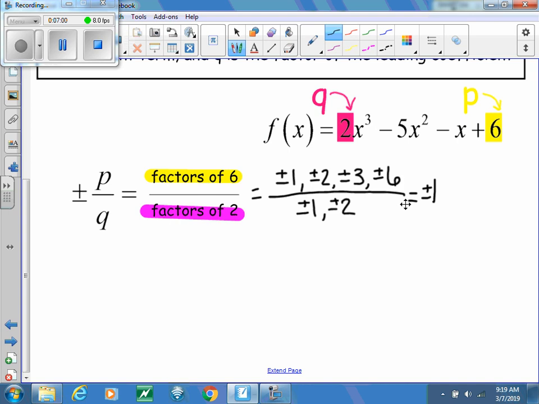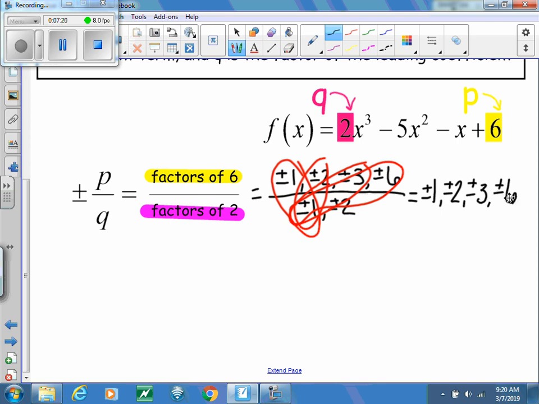I could do a positive 2 times a positive 3 or the -2. So we do have to consider all possibilities here. All right, so I have 1 over 1, 2 over 1, 3 over 1, and 6 over 1. So I have plus or minus 1, plus or minus 2, plus or minus 3, plus or minus 6.